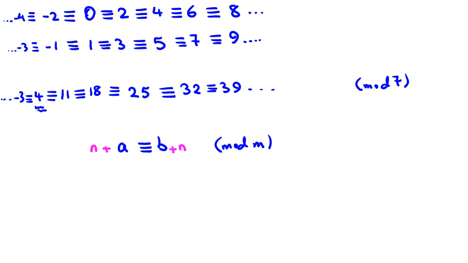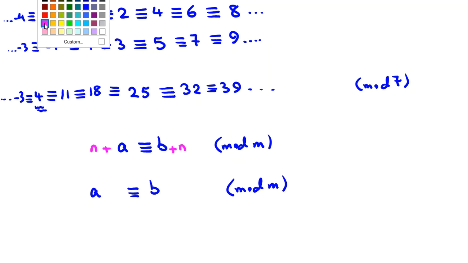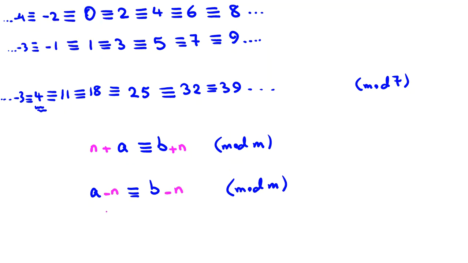You can say, okay, we know a is congruent to b mod m. You can subtract n from both sides, like equality, or you can multiply by n. So you can use these rules.